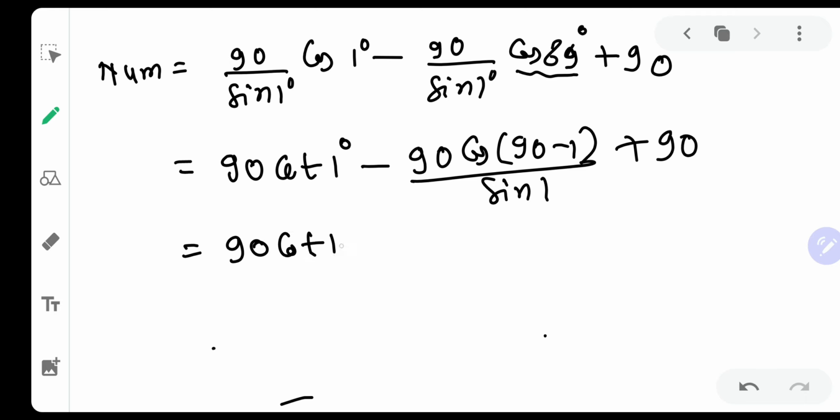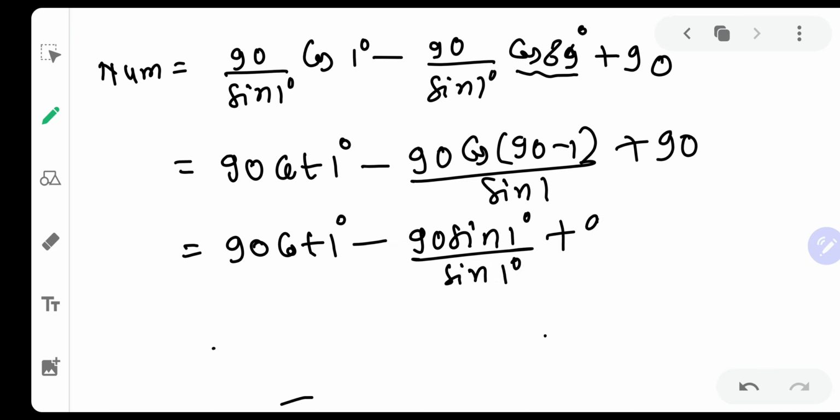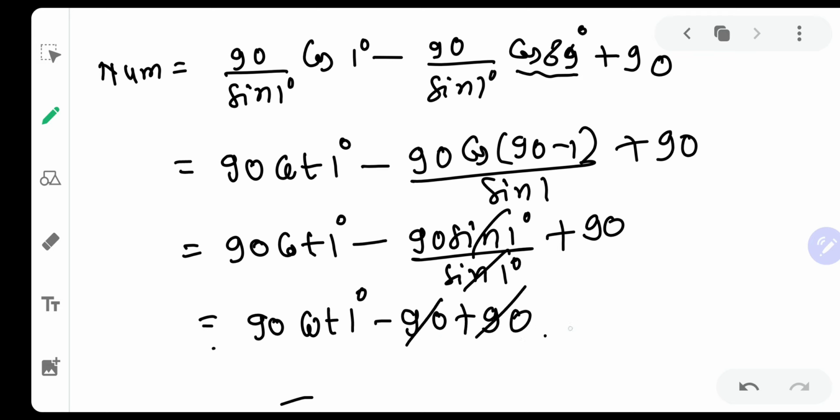So this will be 90 sine of 1 degree upon sine of 1 degree plus 90. As you can see, sine 1 degree got cancelled. 90 cot of 1 degree minus 90 plus 90, again 90 got cancelled. So numerator is 90 cot of 1 degree.